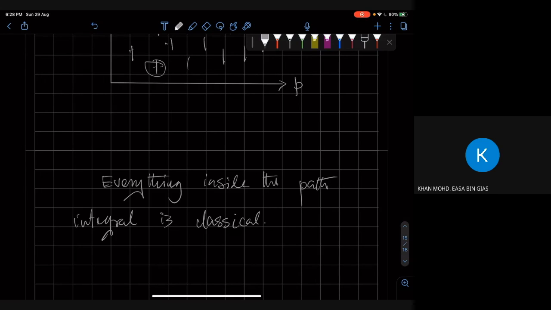Although the path integral itself is a quantum object because of the crazy paths that it takes, everything inside there consists of c-numbers. There are no q-numbers there. Okay, and I think this is where I want to stop. In the next class, I will derive the path integral for a simple system. Any questions?